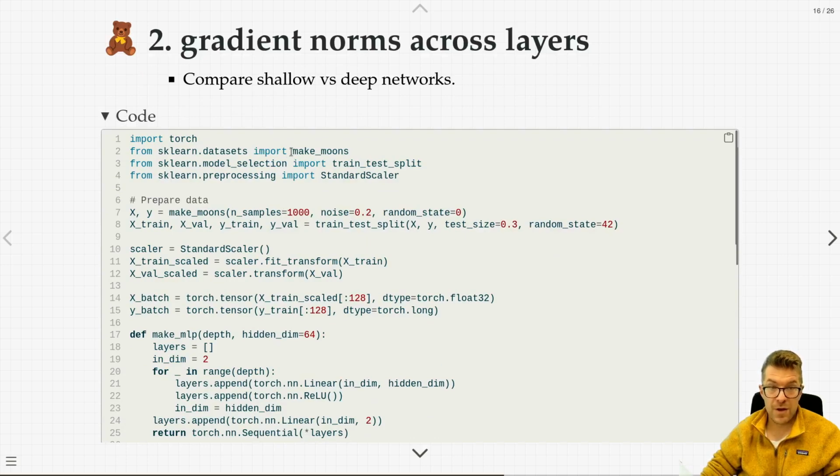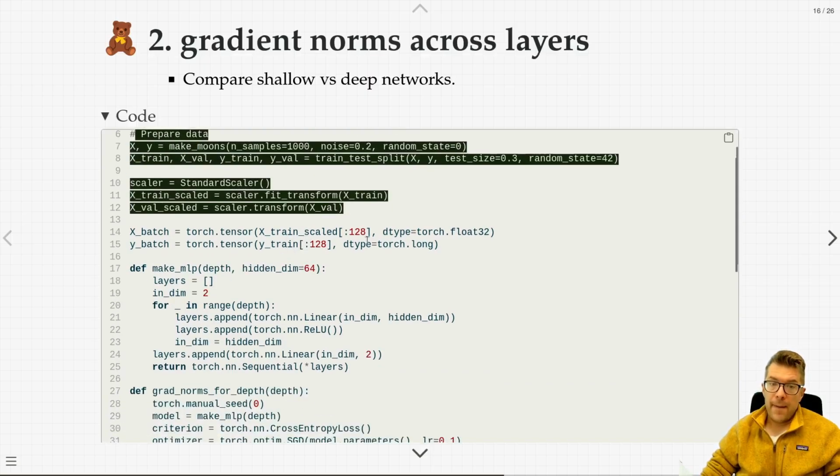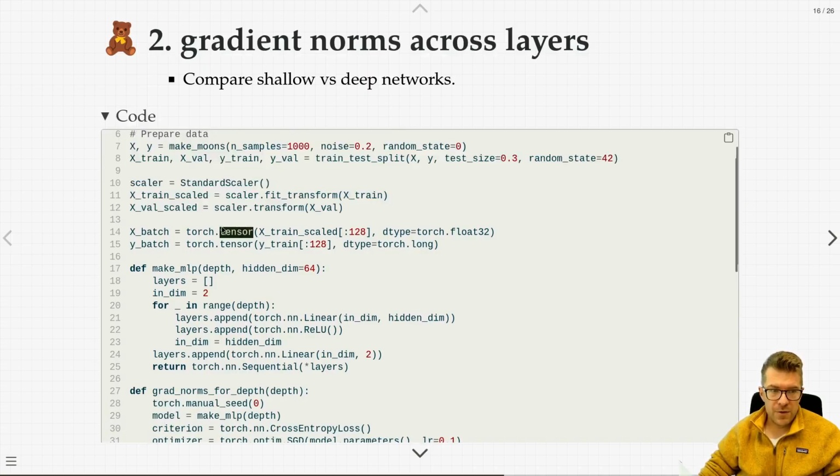We have the Moons data set from sklearn. We have our train test split function from sklearn, our standard scaler from sklearn. But now we're going to use PyTorch to actually train our neural networks. So everything's pretty familiar up until line 12. Now we're going to use PyTorch, and PyTorch describes its layers in terms of these things called tensors.